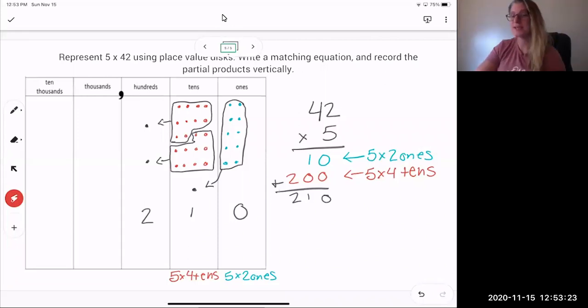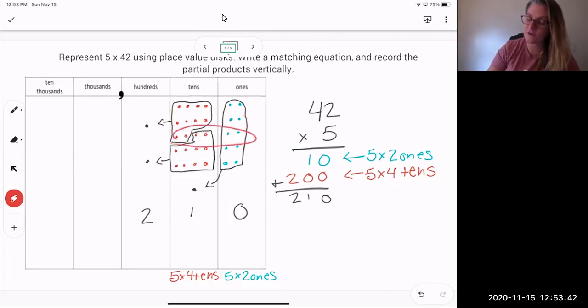I represented my answer in my partial products. What I did first is I put 42 into my place value chart, and then I multiplied that by 5. So I repeated it 4 more times, which gave me a total of 5 groups of 42.